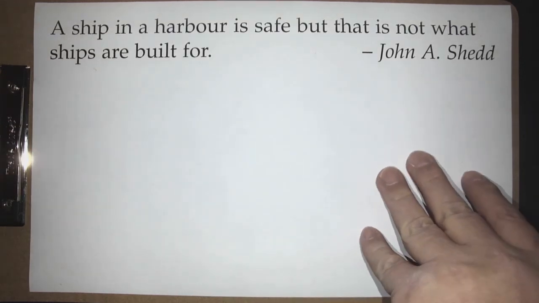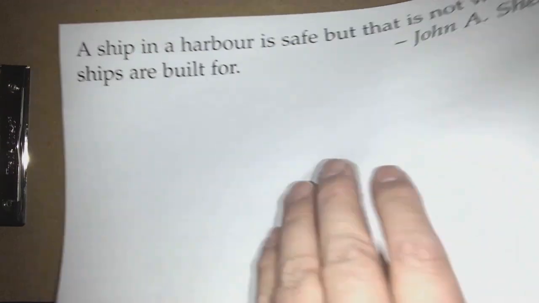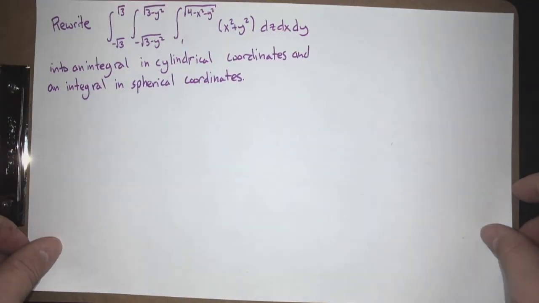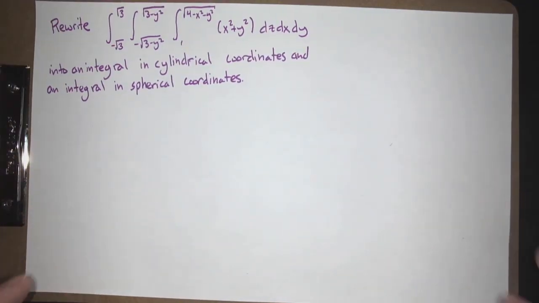All right. Before we get to today's topic, we should practice some more, and we'll have some time on the next lecture as well, but practice more with cylindrical and spherical. Here's a problem.